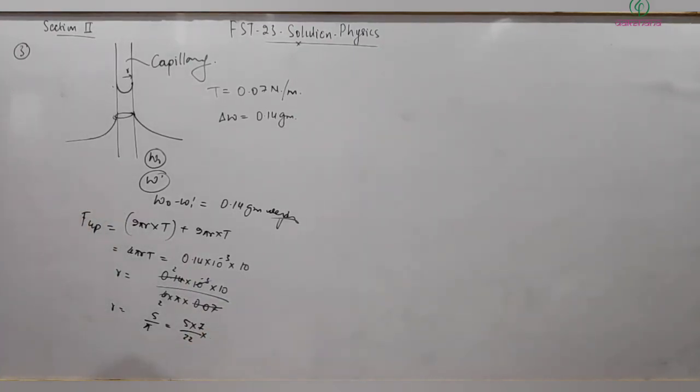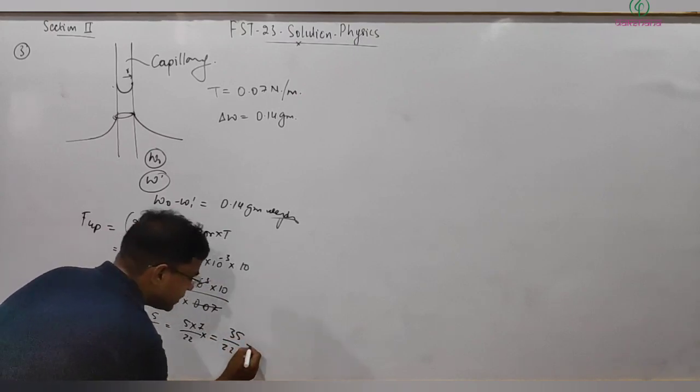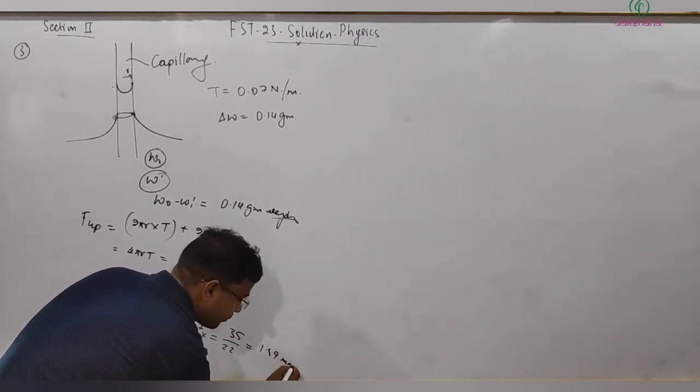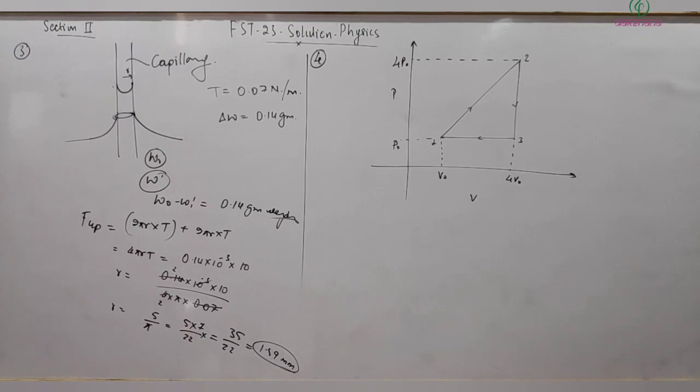Simplifying it comes to 35 divided by 22, that will be some 1.59 mm. That is the radius of the capillary for question number 3. Okay, next, question number 4.